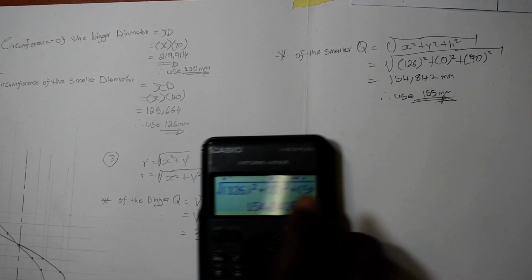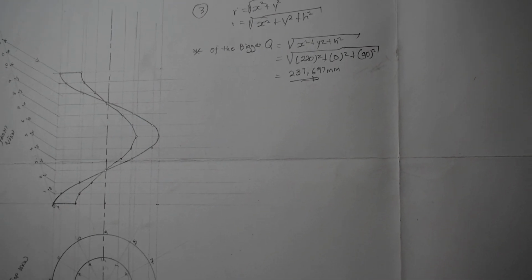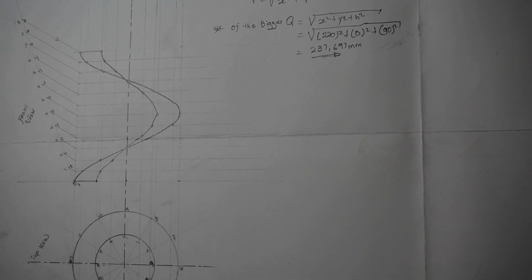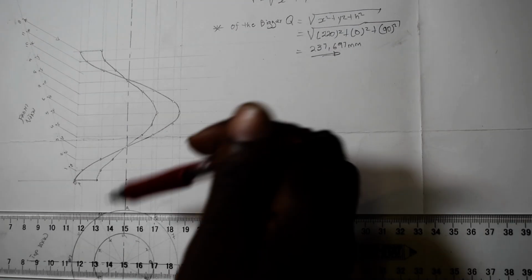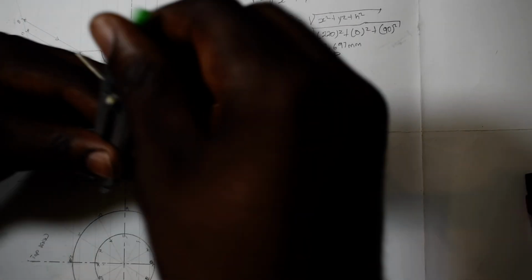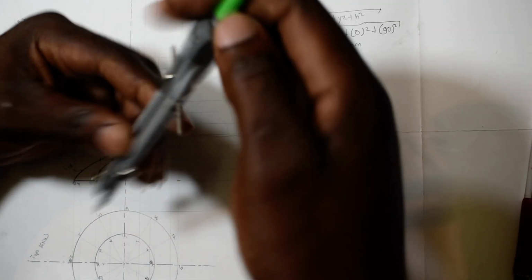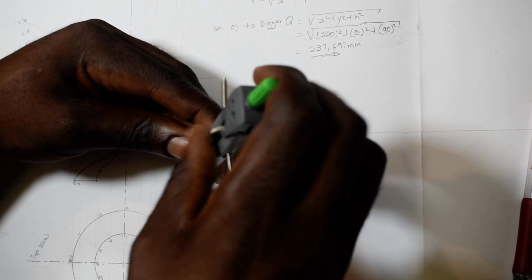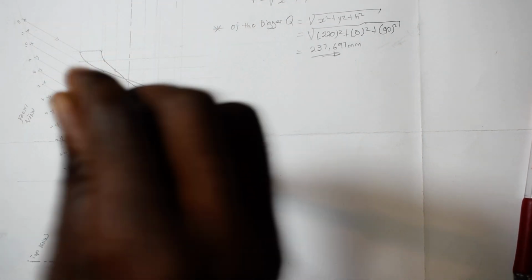You understand, right? Then from there you come back to your front view now. To your front view, I'll just extend this line just a little bit like this. Then I place my drawing compass at this point, just like an arc.